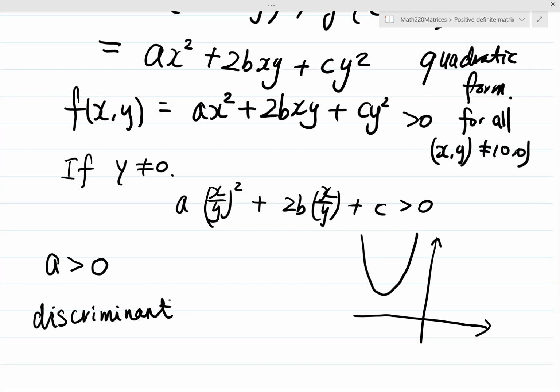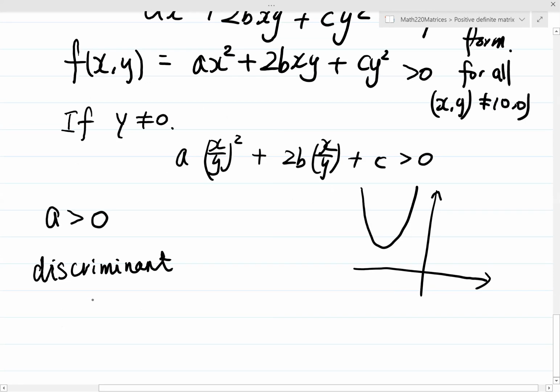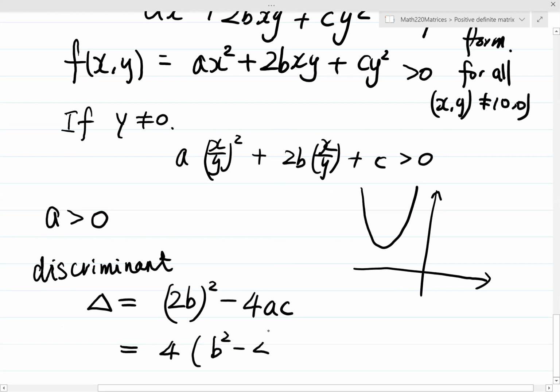Discriminant of a polynomial is different from determinant of a matrix. They are different things. The discriminant is (2b) squared minus 4ac, so you get 4 times (b squared minus ac).